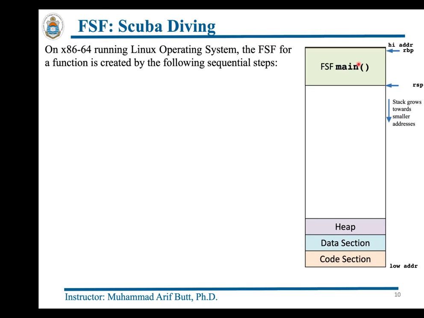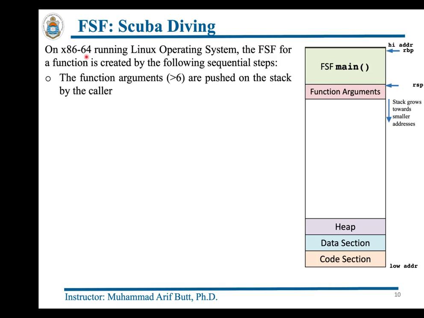Dear students, let us take a deep breath and do some scuba diving to understand how, on an x86-64 machine running the Linux operating system, the function stack frame for a function is created.